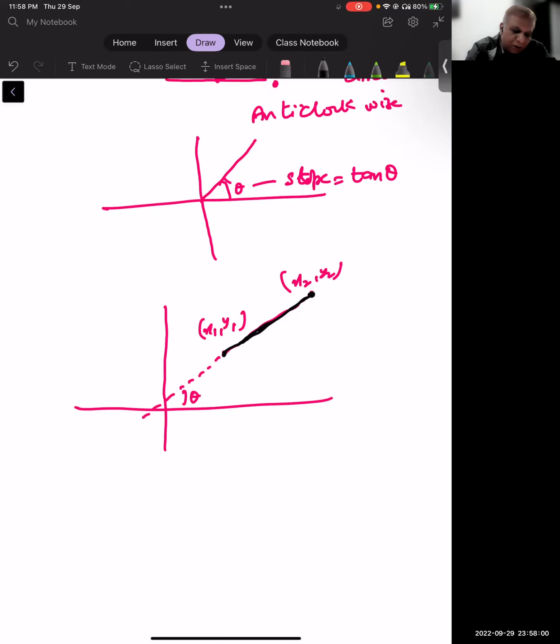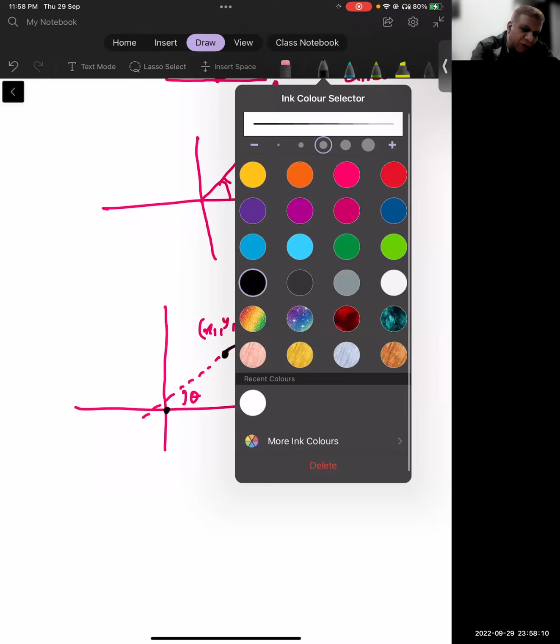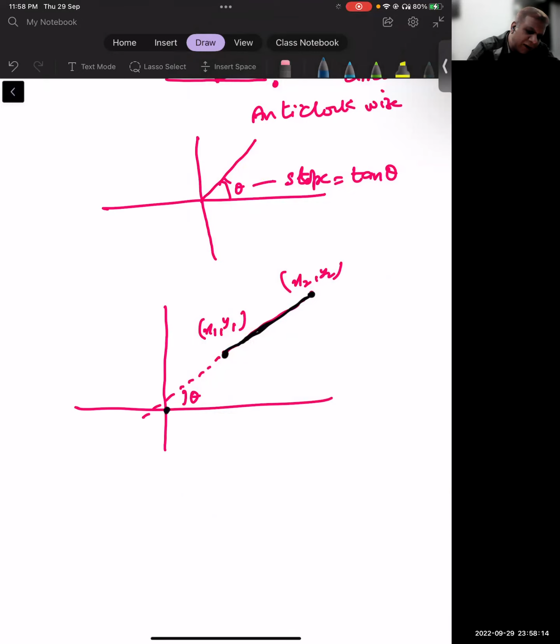Now, can you tell me how this x1, y1 is reached? That means I am starting from the origin, going till this distance, which is x1, then going upwards, which is y1.